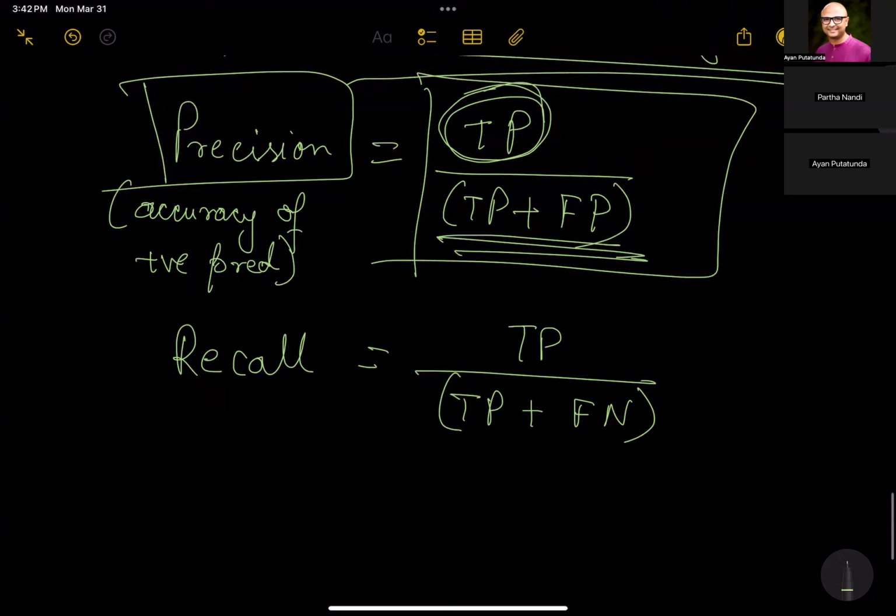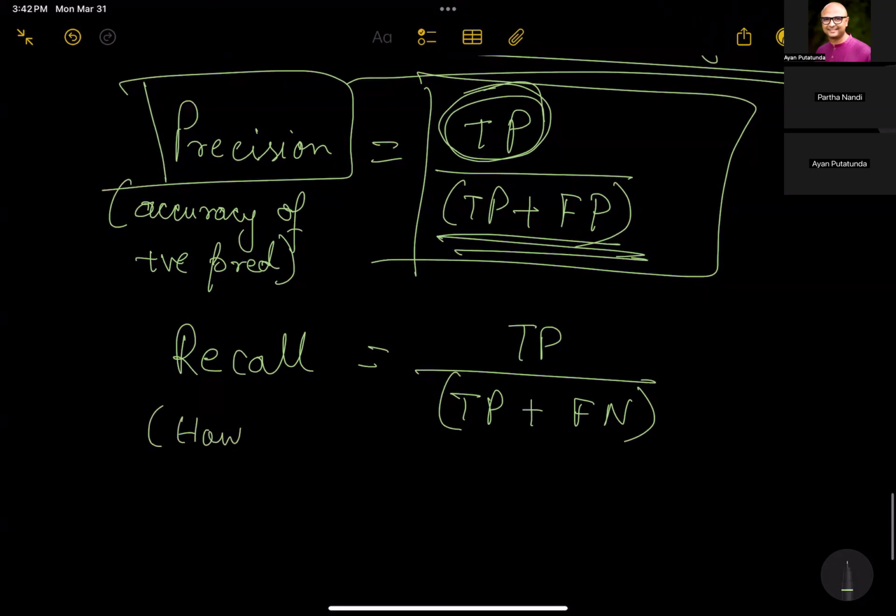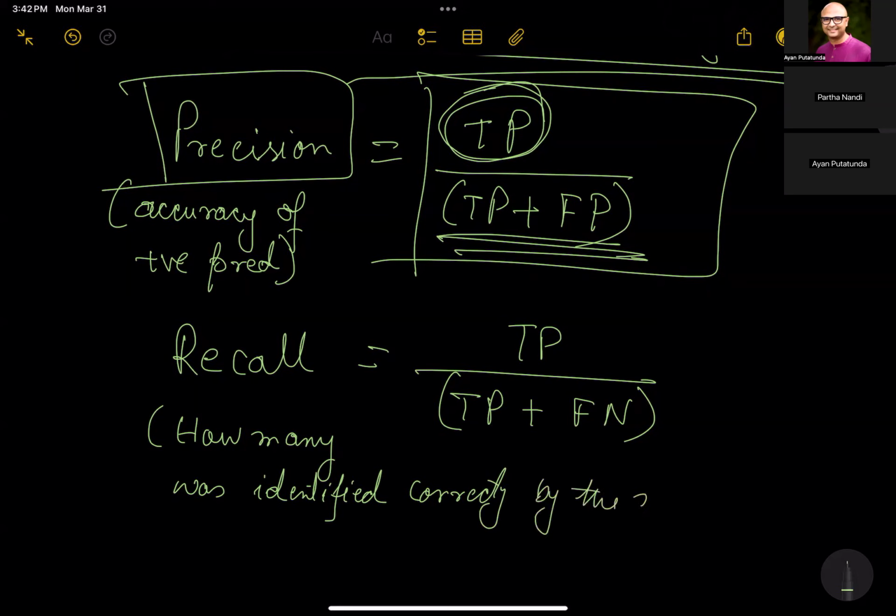How many were identified correctly by the machine, right? Recall is nothing but that. But in the denominator, you wrote TP plus FN.